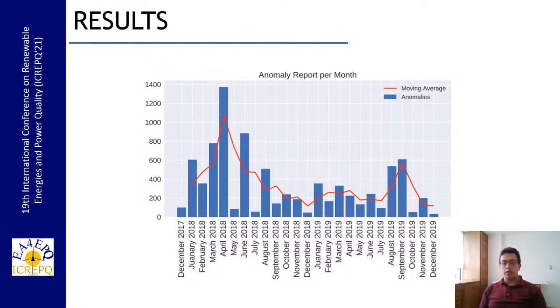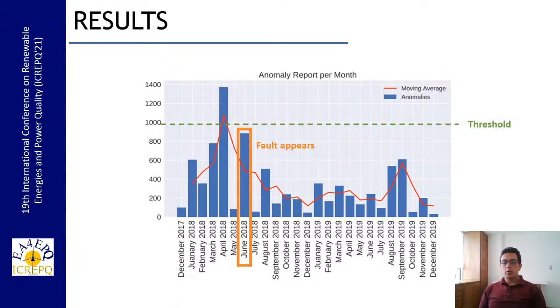The failure reported in this real wind turbine is in June of 2018, and you can see here the number of anomaly reports in this month. We established a threshold to identify this failure.